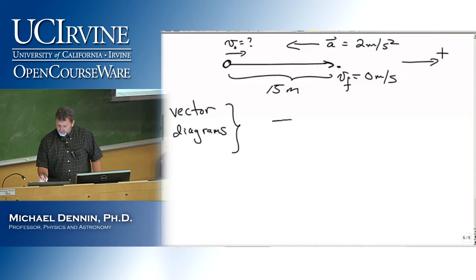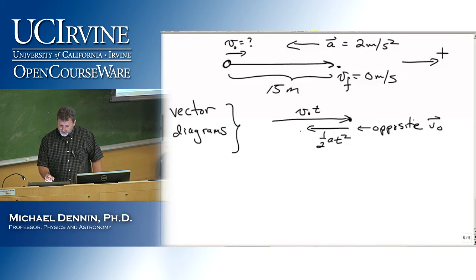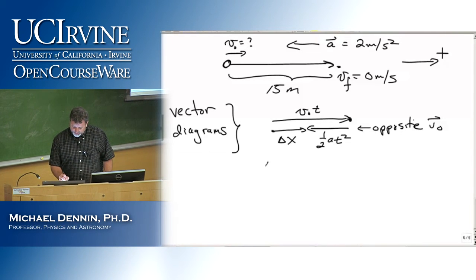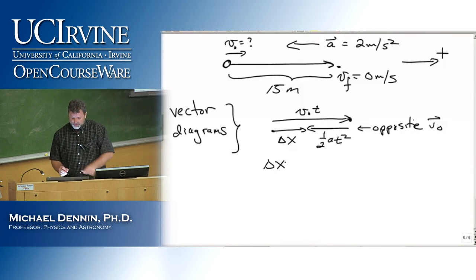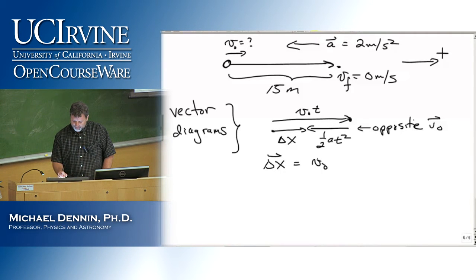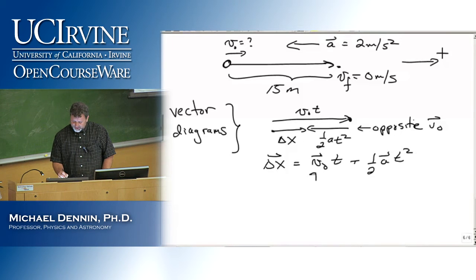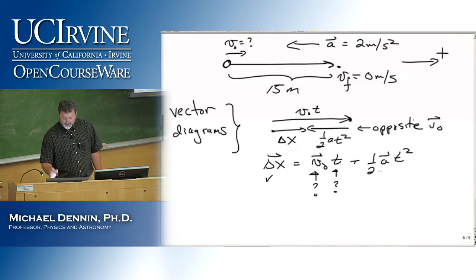I know I've got v naught t plus 1/2 at squared, and this is, notice, opposite v naught, and that's going to equal delta x. Notice in this equation, as an equation, this is the one I have up here. And I can immediately see that this I don't know, and this I don't know. Delta x I know, and a I know.